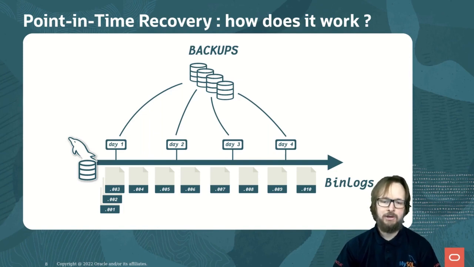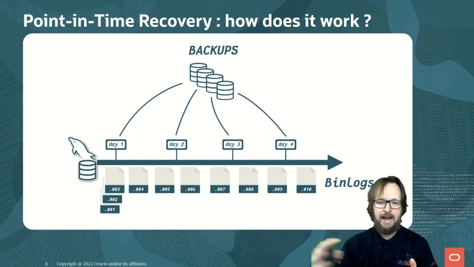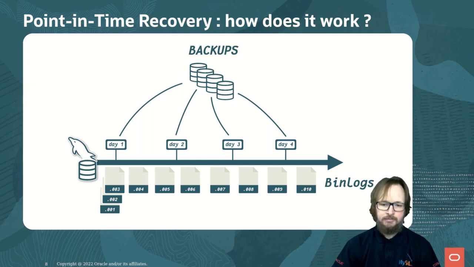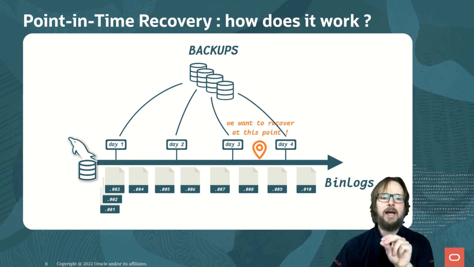So this is what we have. We can see here we have time, so we have 4 days, and we make a dump every day, so a backup here in this case every day, and you can see at the bottom the binary logs. So how does it work? If we want to recover at this point, the point marked between day 3 and day 4, what do we need to do?